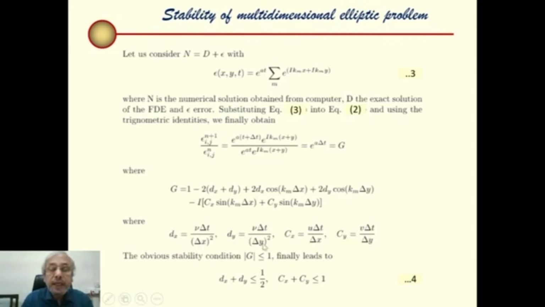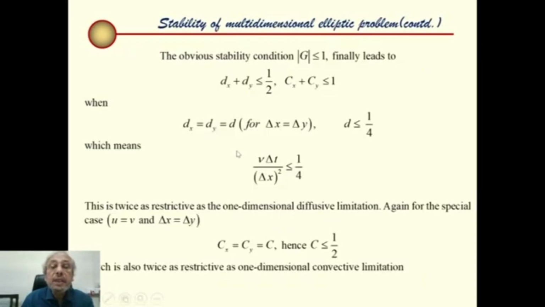So if we take equal grid, then we can substitute delta x and delta y by delta, and if we write that as d, it has to be less than or equal to 1/4, which means nu delta t by the grid size squared, which is the same in x and y direction, is less than or equal to 1/4.